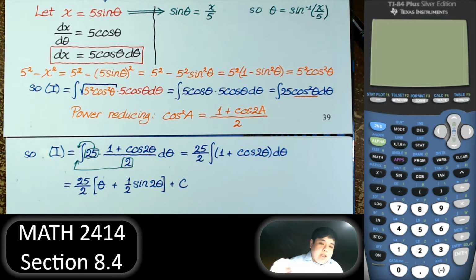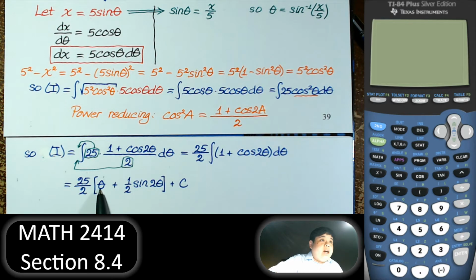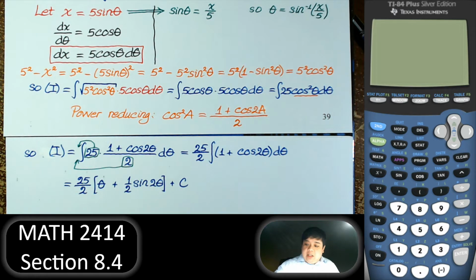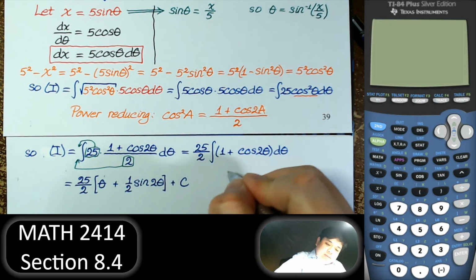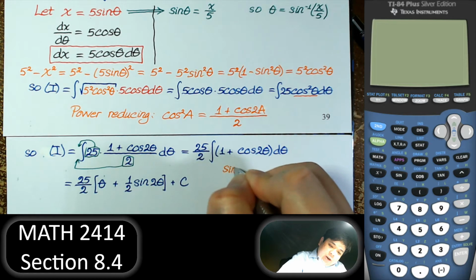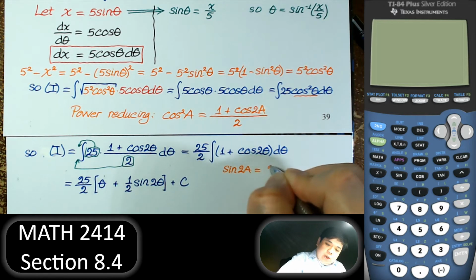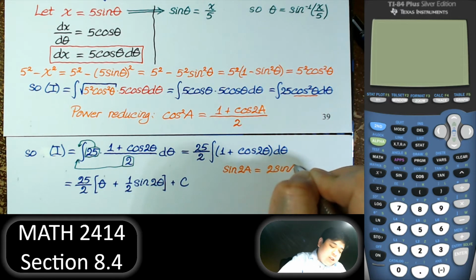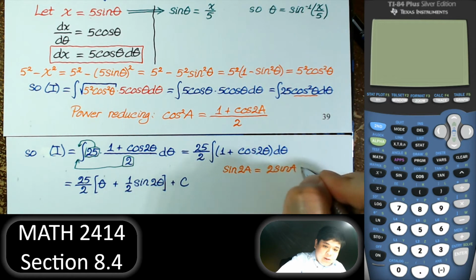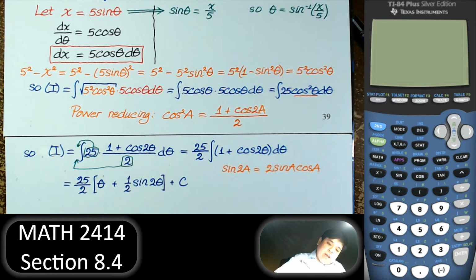Right, so that's good. We can substitute that into theta. Now what is the sine of 2 theta? That is another trick identity, the double angle: sine of 2a is equal to 2 sine a cosine a. So we're going to substitute this into sine of 2 theta.